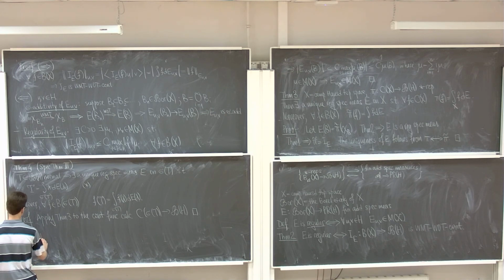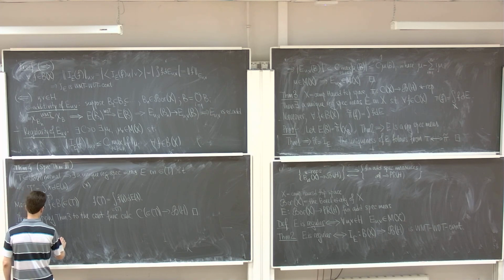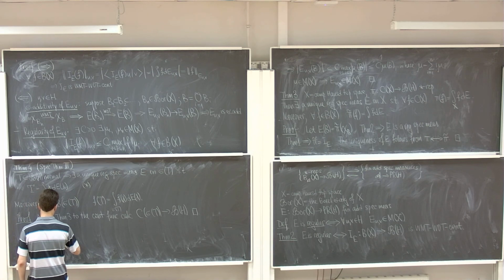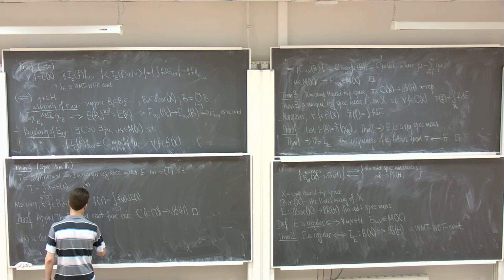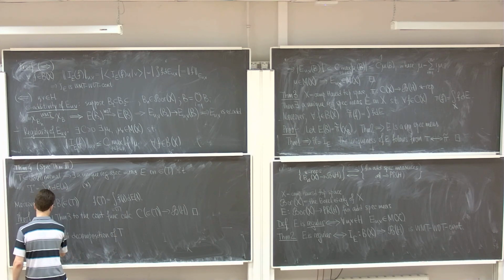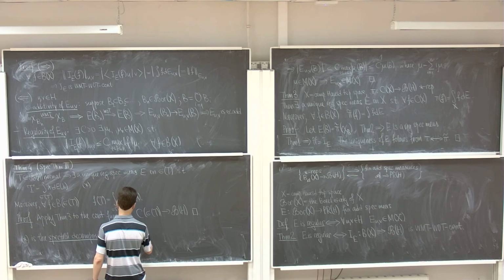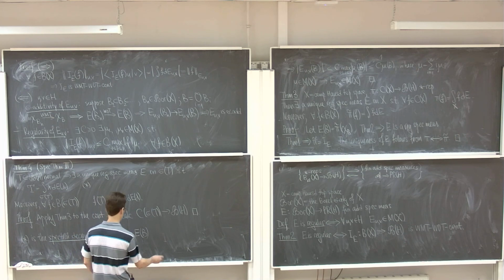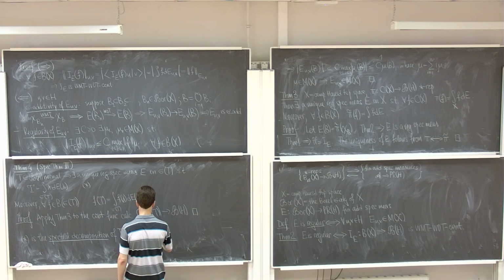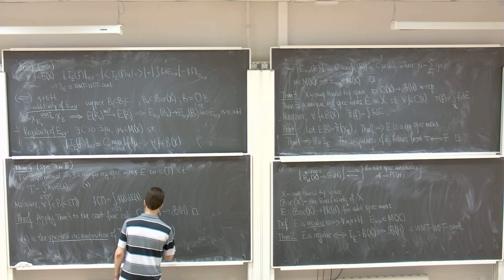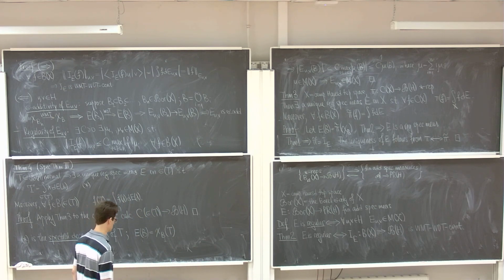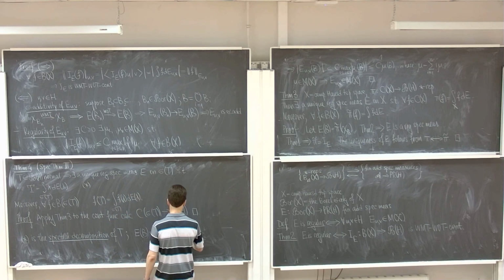Formula star is the spectral decomposition of T, and the respective projections, which are in the image of the respective spectral measure, E of B, or which is the same, the characteristic function of B applied to T.